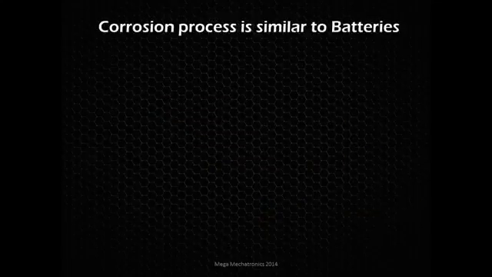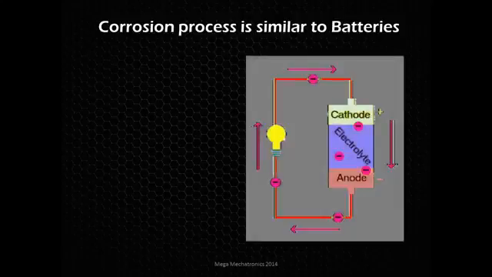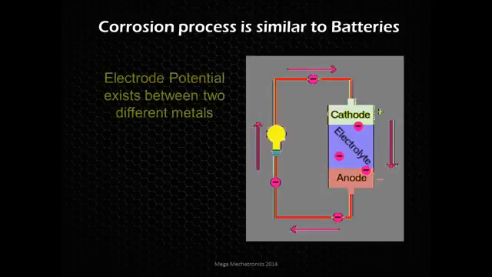So the corrosion process that we're going to be looking at is similar to batteries, and that's actually what batteries are exploiting. So we have an anode metal and a cathode metal, and those are separated by an electrolyte. And there is an electrode potential between those two different metals.